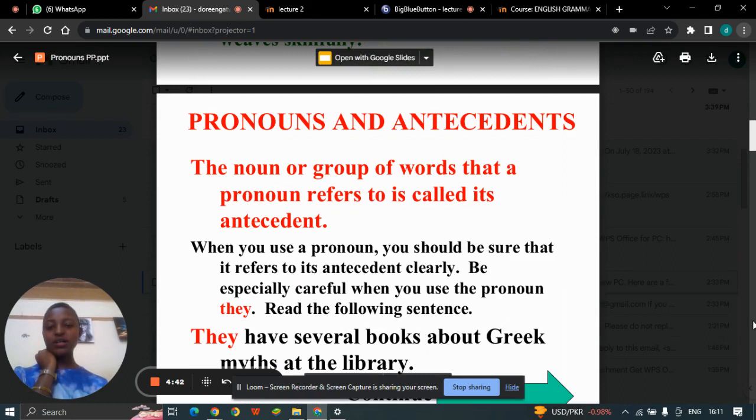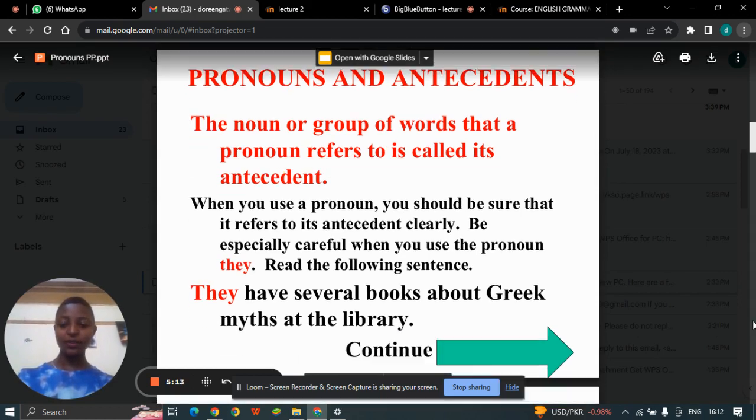A noun or a group of words that a pronoun refers to is called an antecedent. When you use a pronoun, you should be sure that it refers to its antecedent clearly. So be specific and be careful when you use the pronoun they.